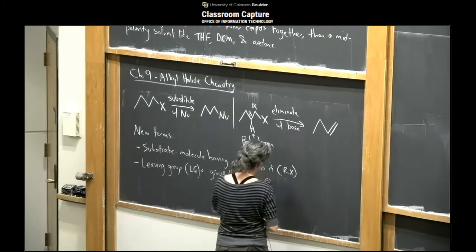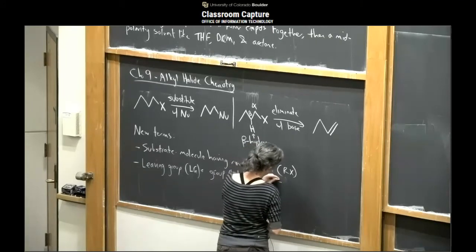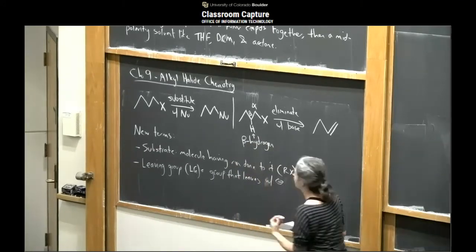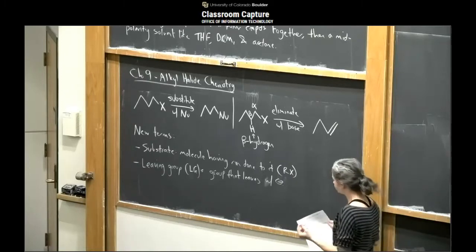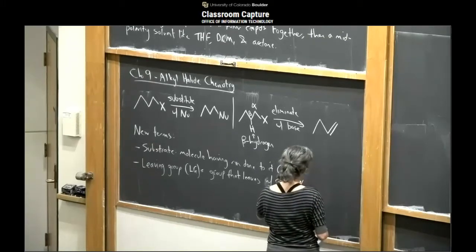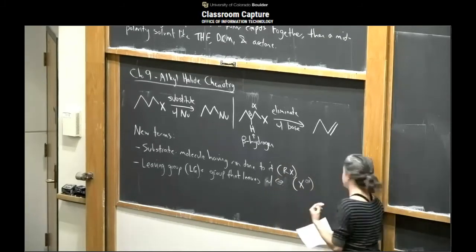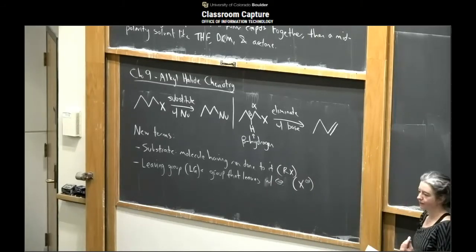It's a group that's leaving with a negative charge, or with the electrons out of the bond. So in this case, for this chapter, it's always going to be a halide, like an X minus.